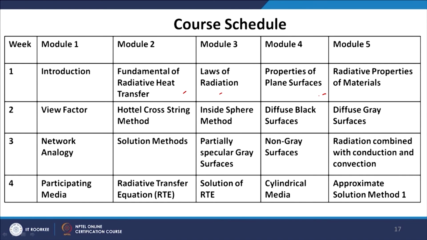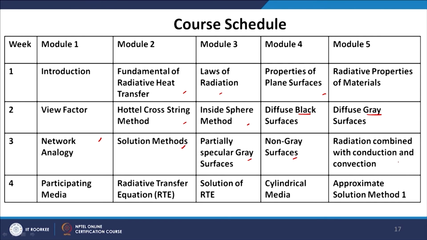We will discuss different methods to find view factors, the Hottel crossed-string method, the inside sphere method, and then we will go for heat transfer between surfaces. First we will deal with black surfaces and then with grey surfaces. We will learn a number of methods to solve the governing equation, especially the network analogy and various solution methods. Then we will go for real surfaces, that means specular, grey and non-grey surfaces.